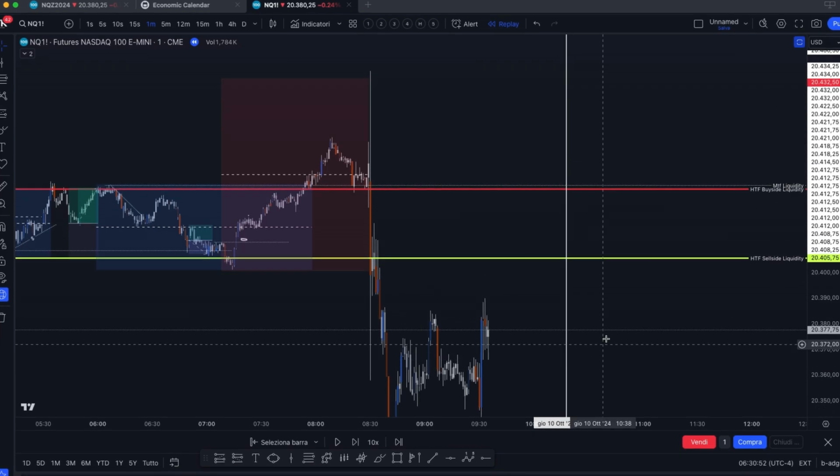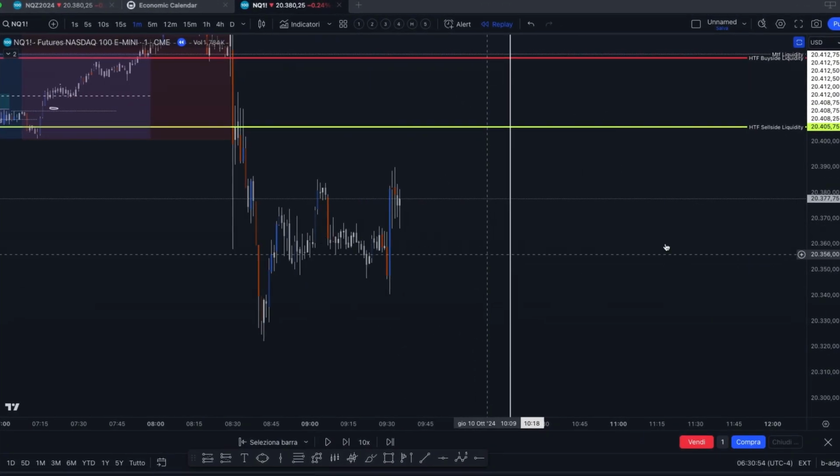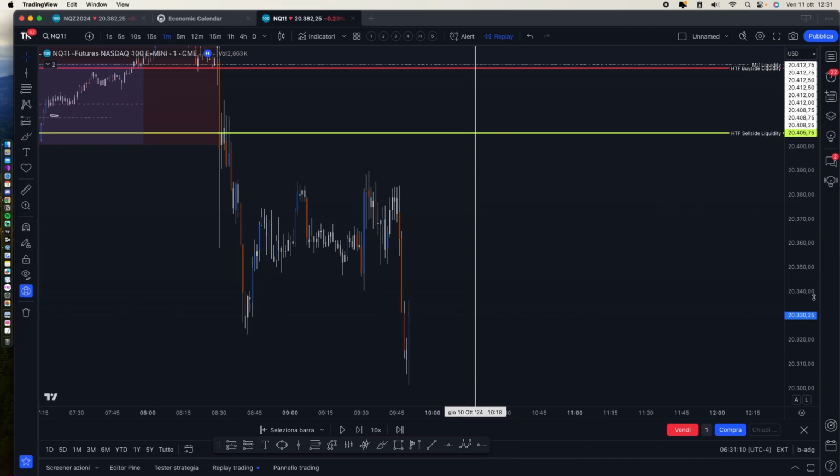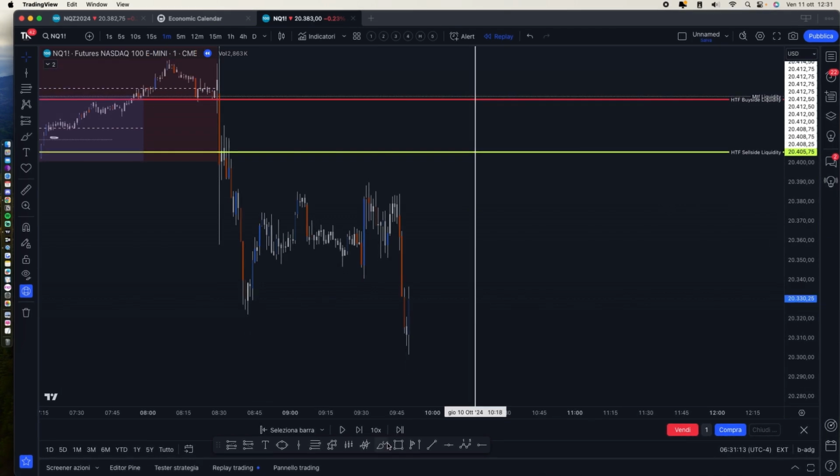Anyway, at 9:30 we open the new session, and what we see, some of you guys may consider this zone as manipulation, which could be good only for the zone.